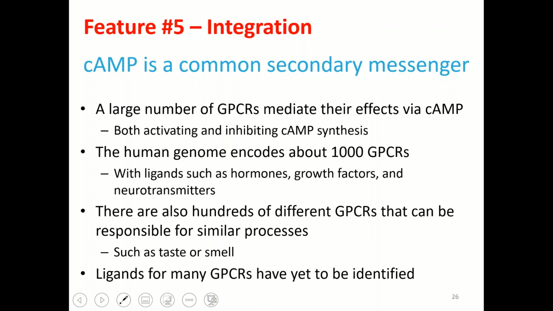The human genome encodes about 1,000 G protein coupled receptors. The ligands are things like hormones or growth factors, neurotransmitters, so many different types of ligands for these receptors. There's also hundreds of different G protein coupled receptors that can be responsible for similar processes, and the examples there are things like taste and smell.